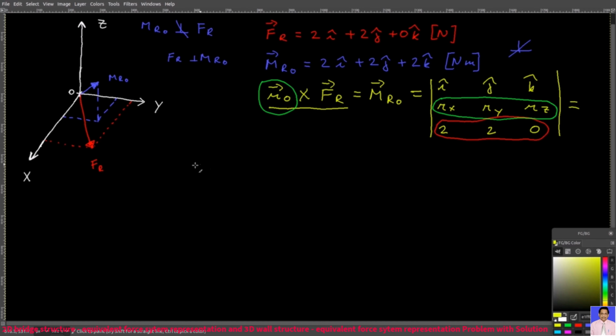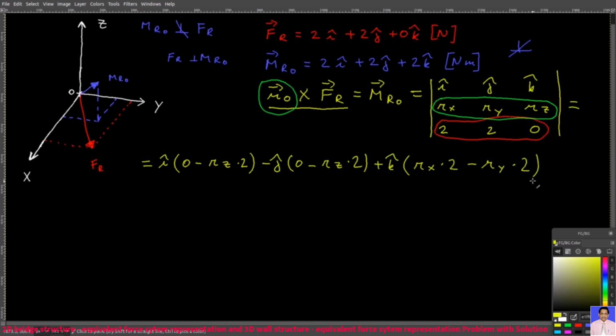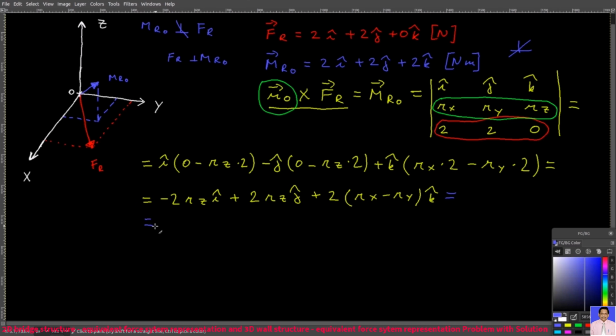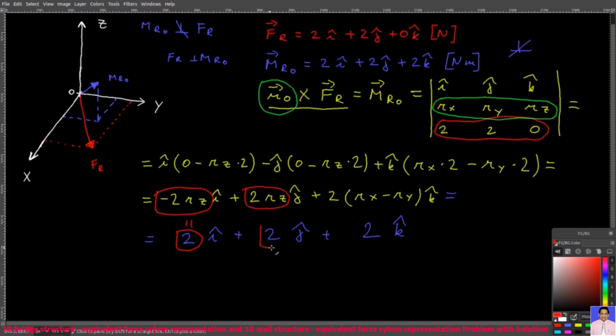And so all that equals I times all this minus J times all this and plus K times all this. So you will have all that, which equals your resultant moment, 2I plus 2J plus 2K. So this one needs to equal this one, then this one needs to be this one, and then this one needs to be this one.